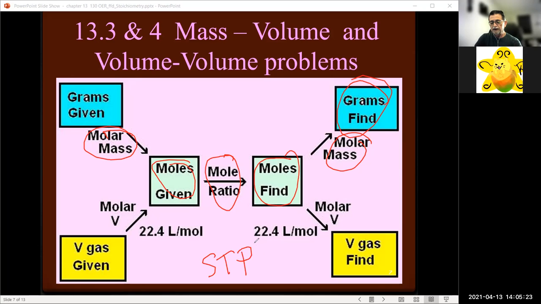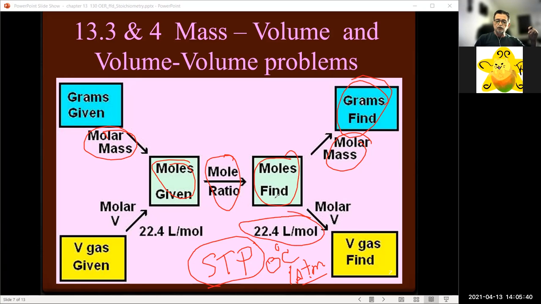Remember when we talked about standard temperature and pressure, 0 degrees Celsius and 1 atmosphere? We had that relationship that 1 mole of gas occupied a volume of 22.4 liters.